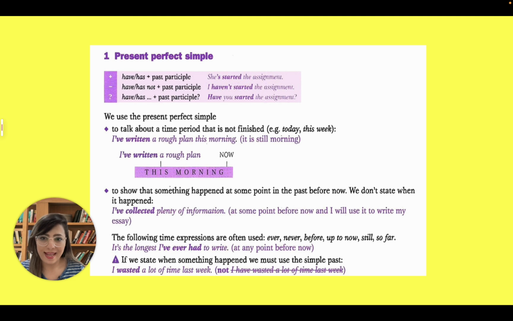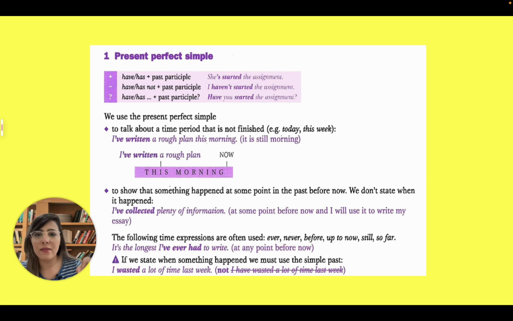زمانی که ما از ماضی نقلی استفاده میکنیم زمان دقیق رو نمیگیم. Yes, this morning معلومه ساعت 11 10 9 so we don't know the exact time. We just know that this is morning. So is it 10 11 o'clock or for example 9 o'clock in the morning? We don't know exactly. This morning, and it is still morning when the time is not finished.